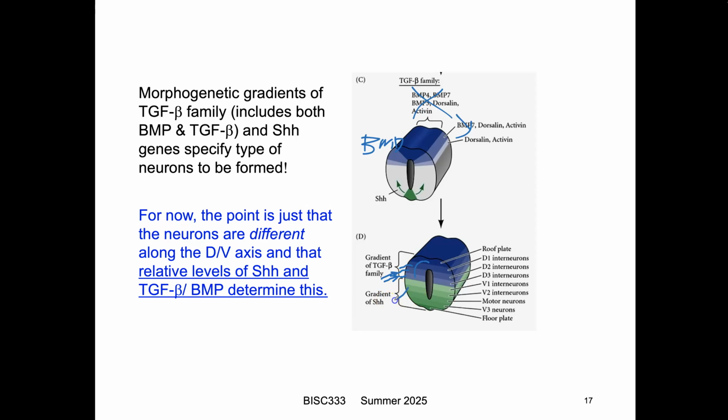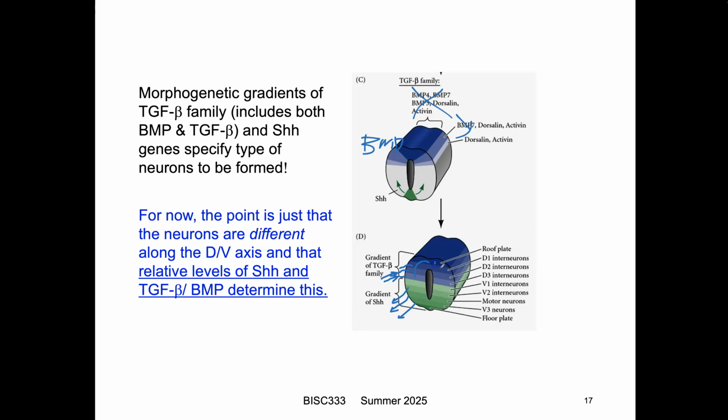And then innervation of different muscles and different regions from the ventral side. So in different locations from dorsal to ventral, you're going to have different kinds of neurons, and they will be specified by the amount of BMP.